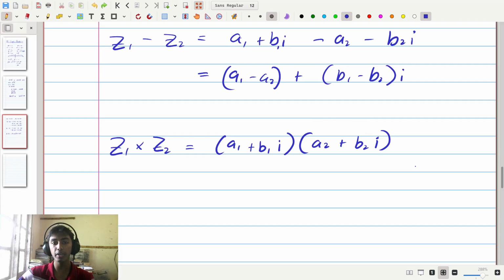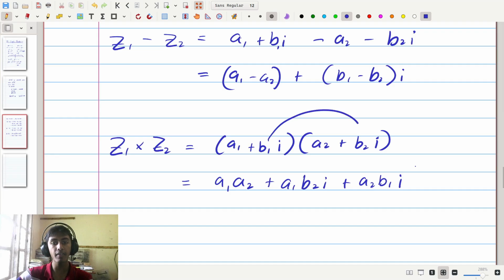If we do that, we can see that what we get is going to be A1 multiplied by A2, so A1 A2, then we're going to have A1 times B2i, so plus A1 B2 i, then we're going to have B1i times A2, which I'm going to write as A2 B1 i, and finally we'll have B1i times B2i, which is going to be B1 times B2 and i times i, which is going to be i squared.